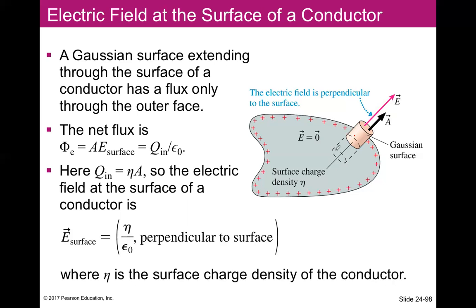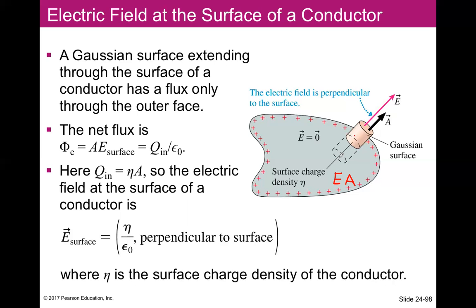Zero. Why? Another point is if you calculate the flux at the end surface which is inside the conductor, A is the area that you can calculate.